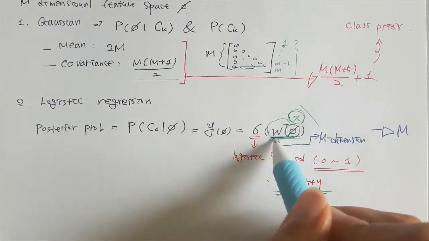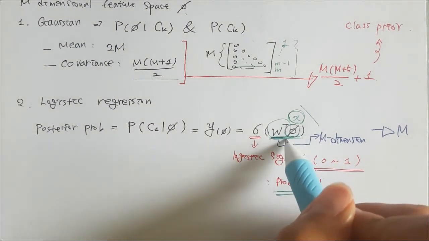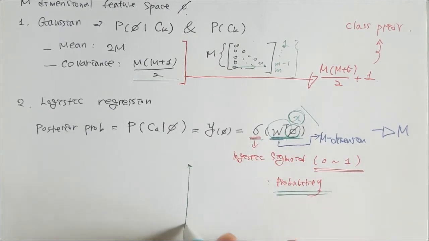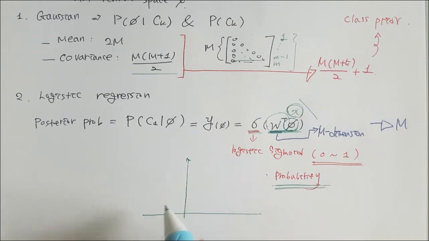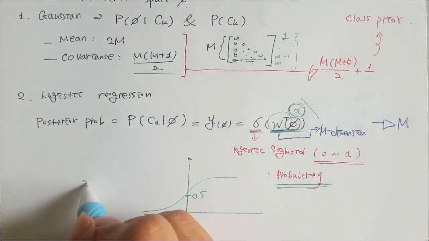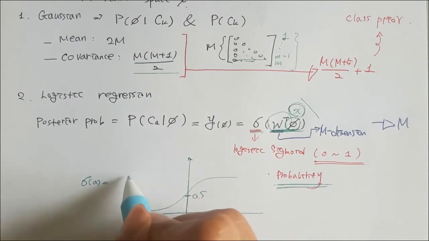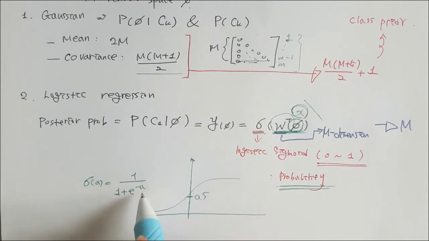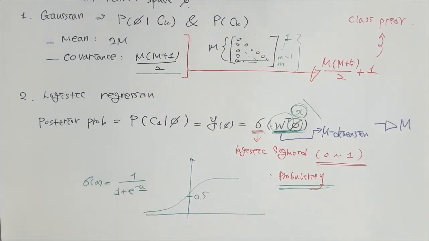So this calculation will be the input of the sigmoid, and the sigmoid will have this shape, because the sigmoid function is 1 over 1 plus e to the minus a, and a will be the input in this case.